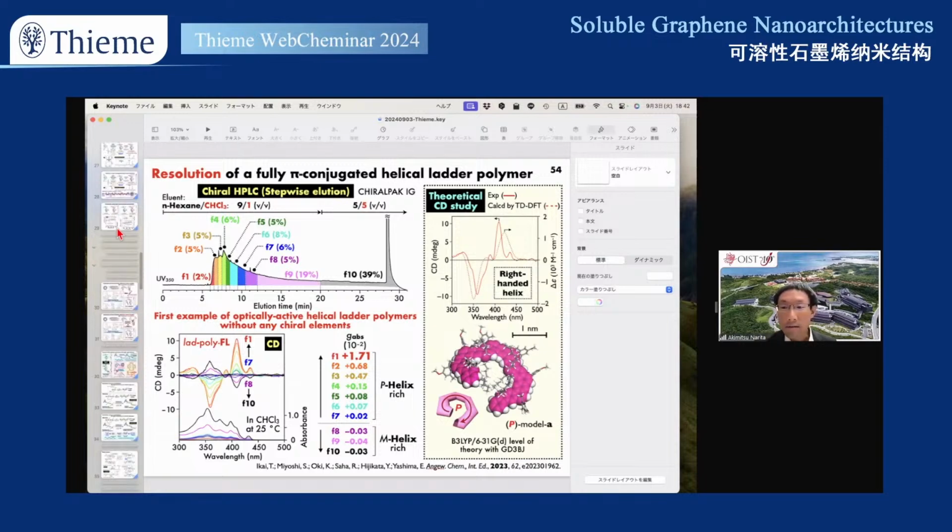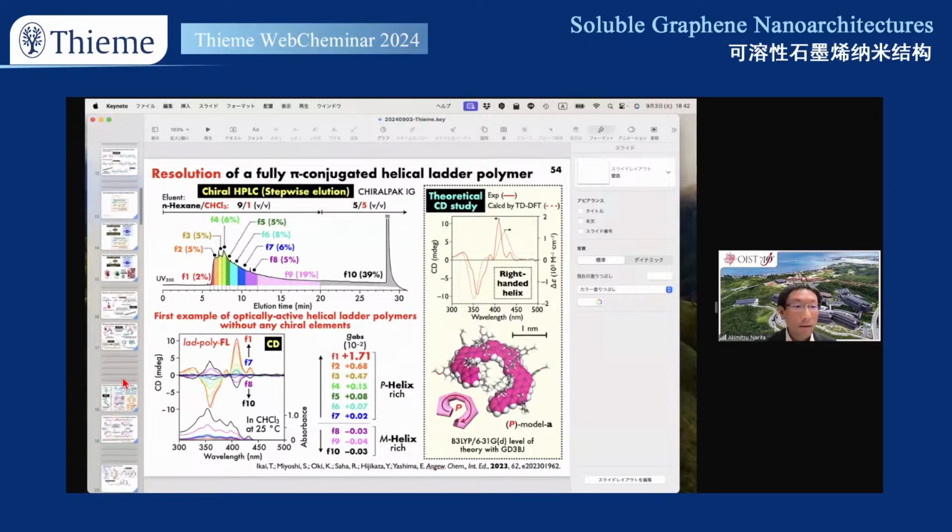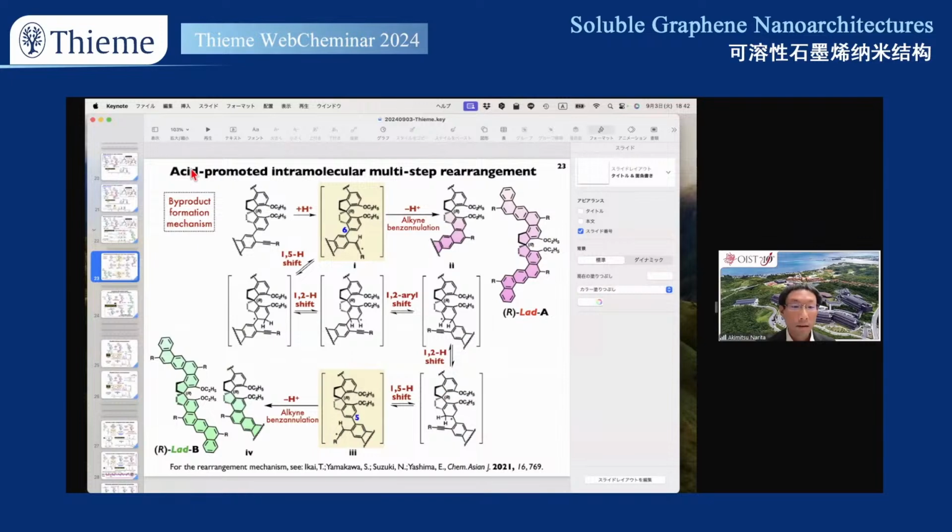I think there was R1 as a substituent, and I think it is about the selectivity of the cyclization. So this question is related to the slide.